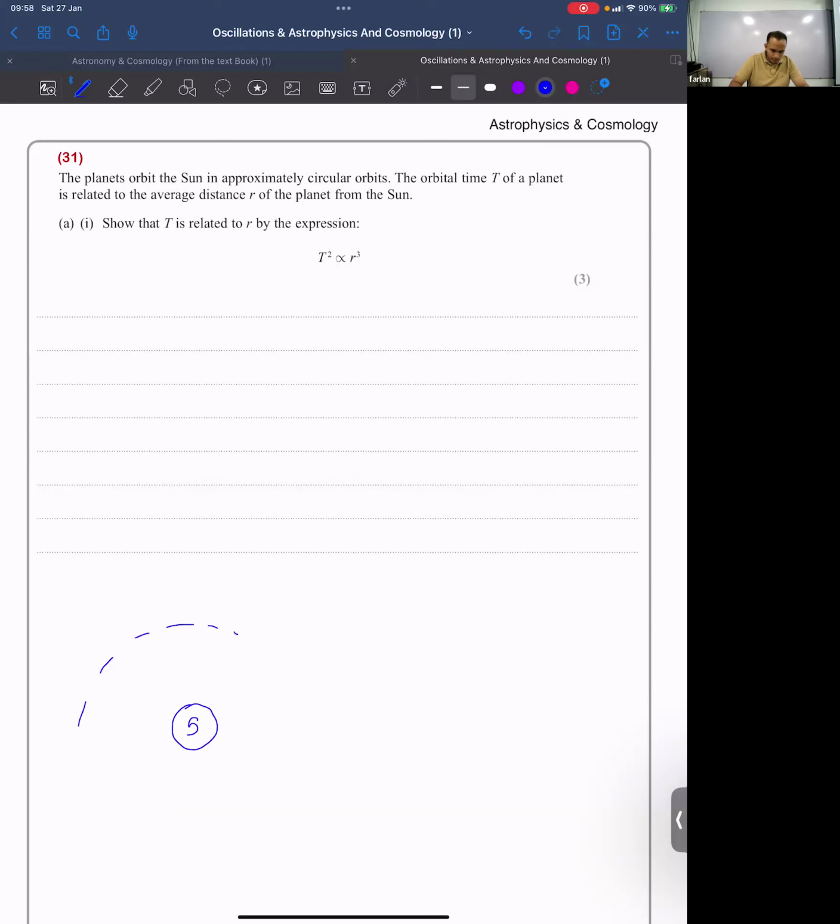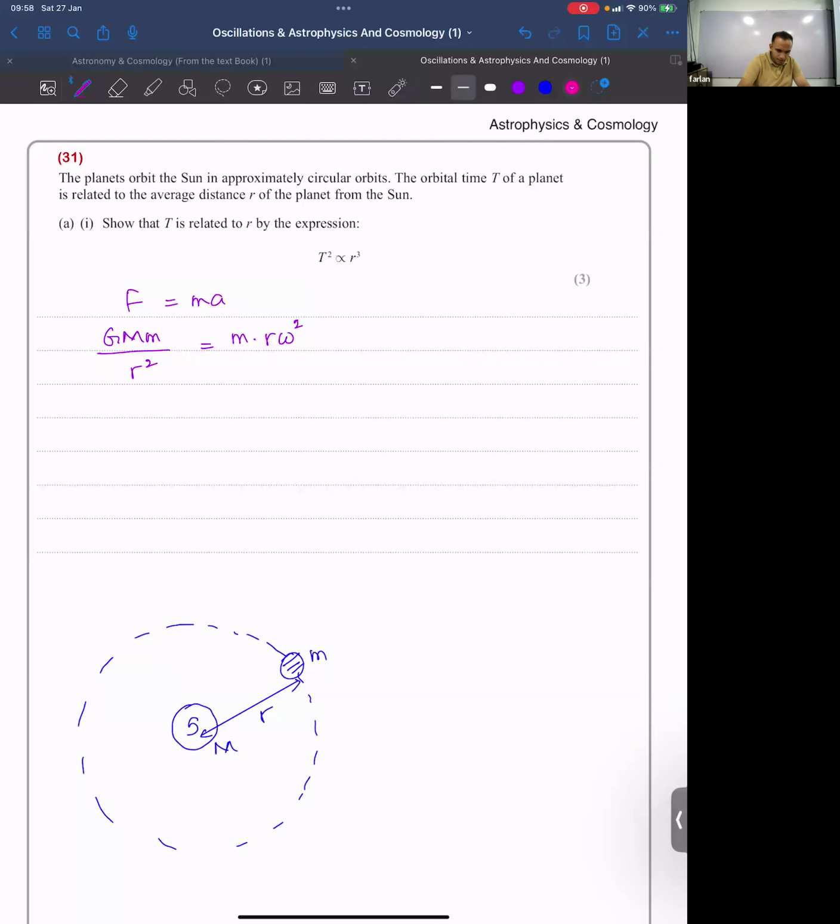So let's say there is a planet which is orbiting around the sun, and that has a mass of simple m. The sun's mass is capital M. The distance between the centers of mass of them is simple r. Okay, so I'll begin with F equals ma. F is G M m over r square. Simple m into a is m r omega square.